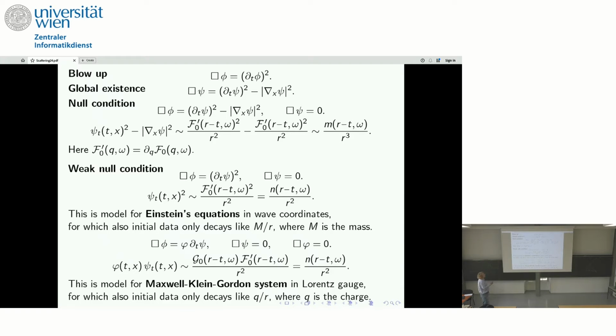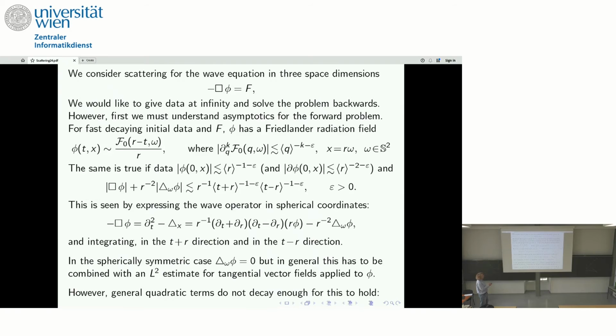On the other hand, Klainerman showed that you have global existence for an equation that satisfies the so-called null condition. And what happens for the null condition? Well, if you plug in, assuming what you want to prove, that you have this asymptotic, you see that this phi the t squared minus the r squared just cancels to highest order. Because you differentiate this function f, right?